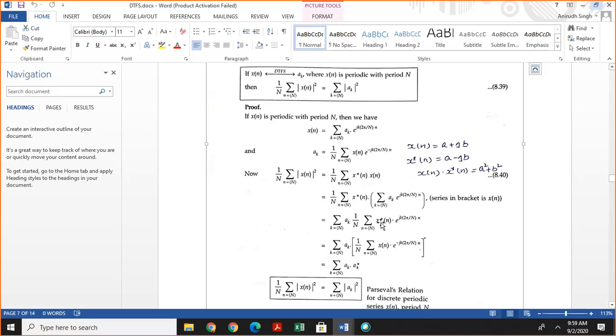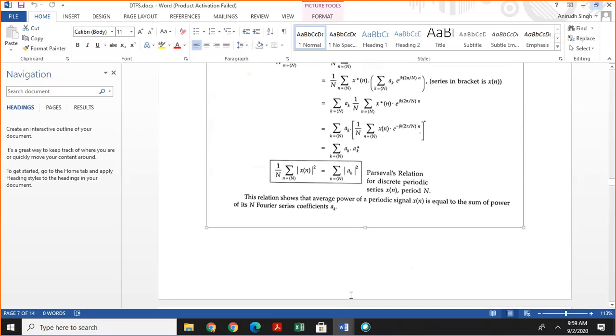The conjugate of x of n is written like this. Similarly, as conjugate of x of n is written a minus jb, here we change plus j to minus j, and this is the conjugate of a_k. So we get summation of a_k multiplied by conjugate of a_k, and this is written as square of mod of a_k.